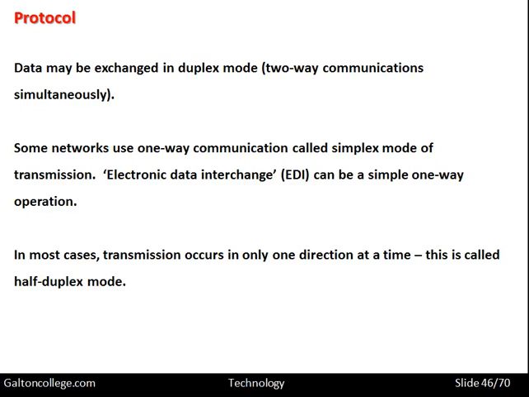That meant they had now stopped speaking, and when the person listening heard the word over, they knew it was their turn to speak. So now the data could flow in the opposite direction, and when they'd finished speaking, they would say over, and so on. That's because the data could not flow in both directions at the same time.